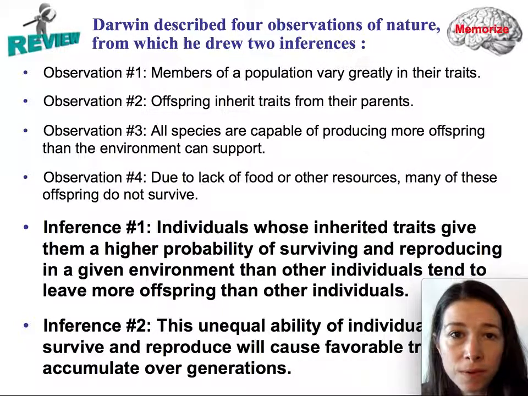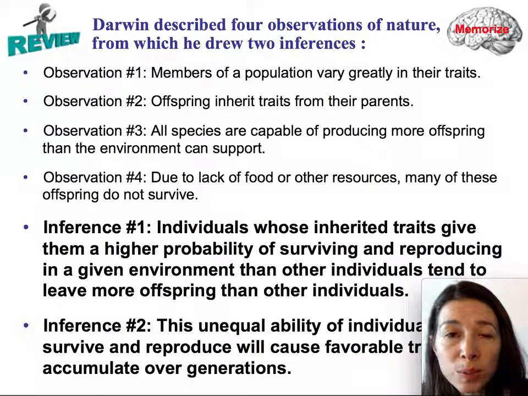If there was an environment with plenty of resources and space for everybody, there would be no selection pressure against individuals. So there would be no selection for certain individuals to reproduce more effectively and to have their offspring live to reproduce again in a better way.